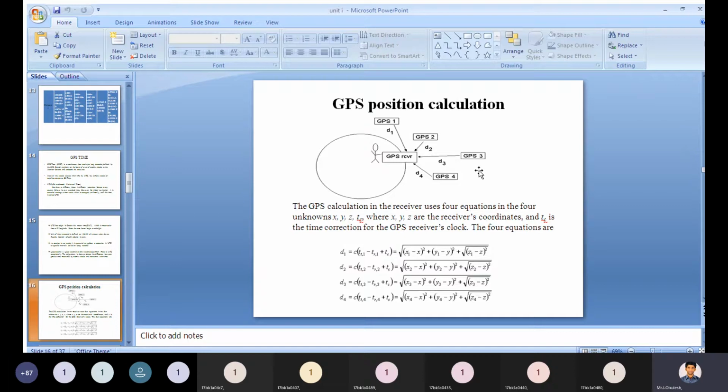GPS 2 data also will have to travel a distance D2 from GPS 2 to the GPS receiver. GPS 3 data should travel a distance D3 to the GPS receiver. And GPS 4 data also will have to travel a distance D4 from GPS 4 to the GPS receiver.